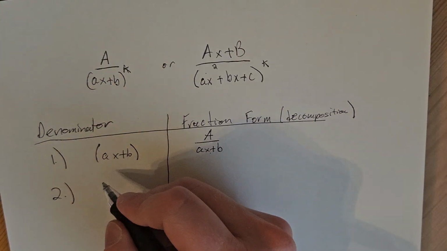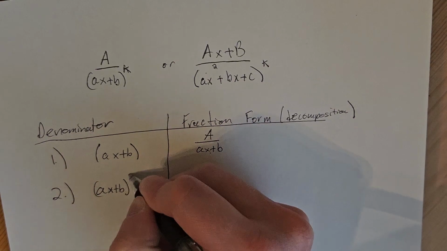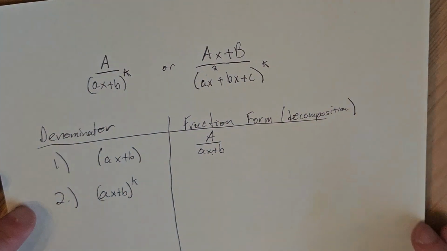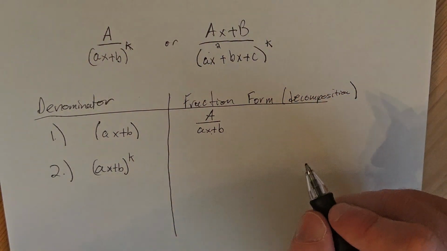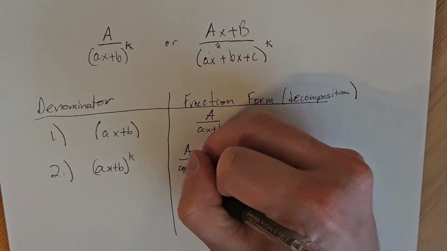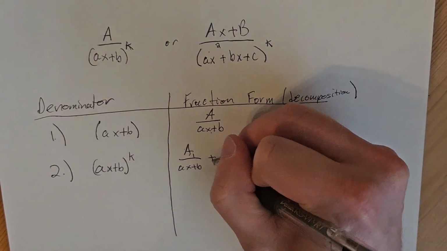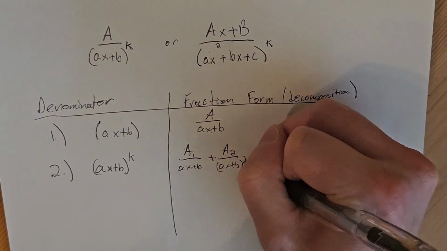If we get ax plus b raised to the k in the denominator, then the fraction form over on the far right will look like some constant over ax plus b, plus some other constant over ax plus b squared.